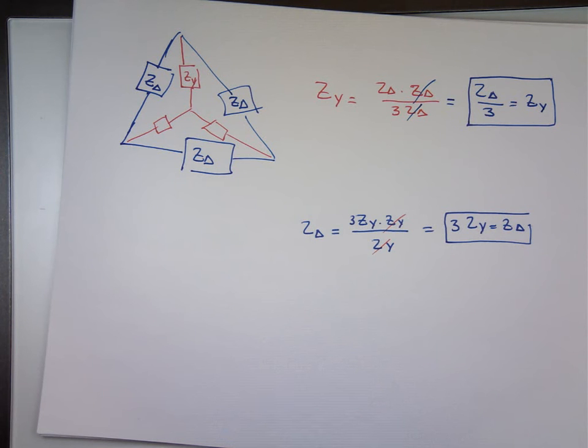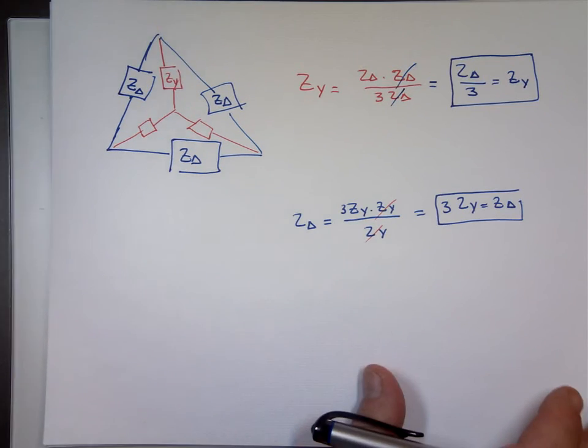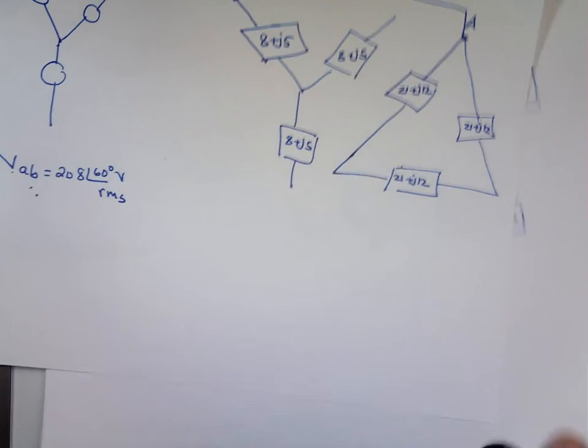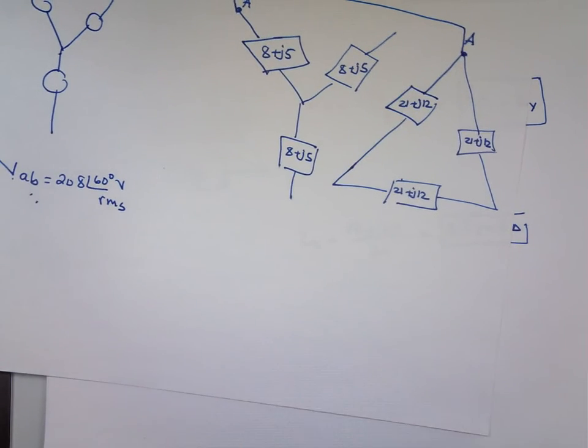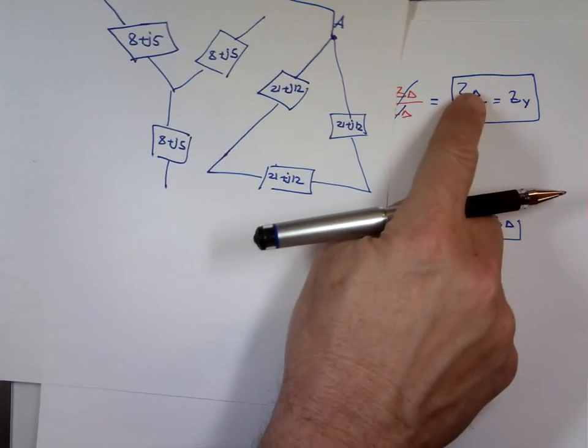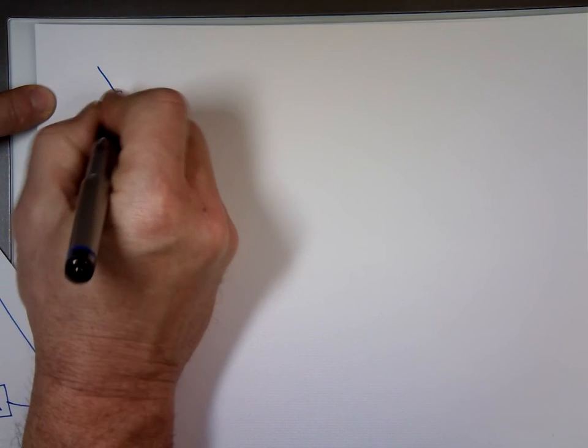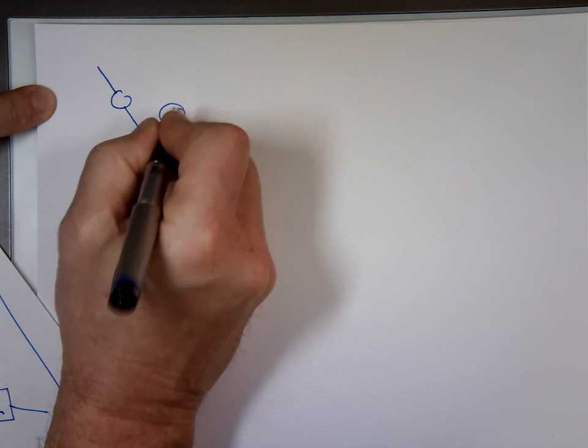So now you look at your circuit, and this is what we have for a circuit. I can convert this to a Y now by dividing it by 3. Right? ZY equals Z delta over 3. Here's the first one.